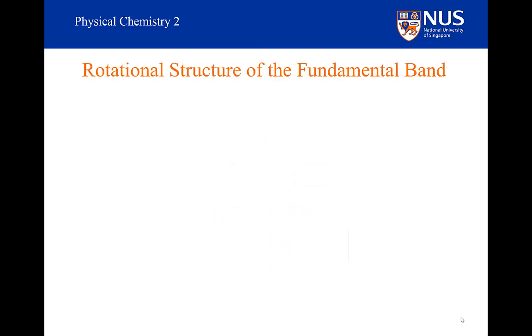So let's use our knowledge of the vibrational and rotational energies and the selection rules to predict transitions in the P branch, where J decreases by 1, and in the R branch, where J increases by 1. So for the P branch, the rotational state changes from J double prime to J prime.